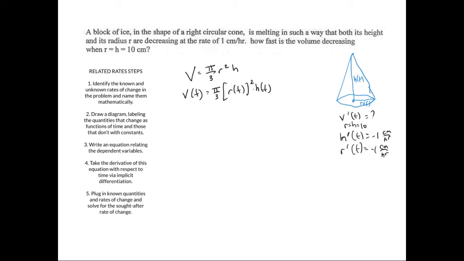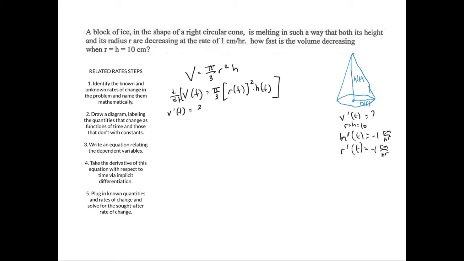So if I take the derivative of this thing with respect to time, the left-hand side would give me v prime of t. The right-hand side would require product rule and chain rule. So I'm going to treat this pi over 3 r of t squared as one thing and use the chain rule for that.